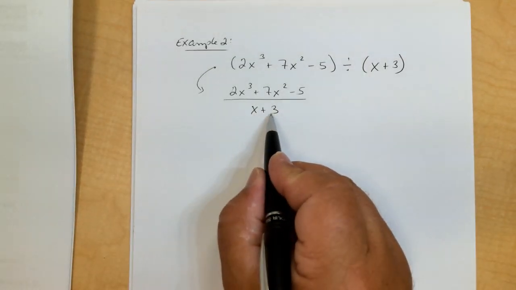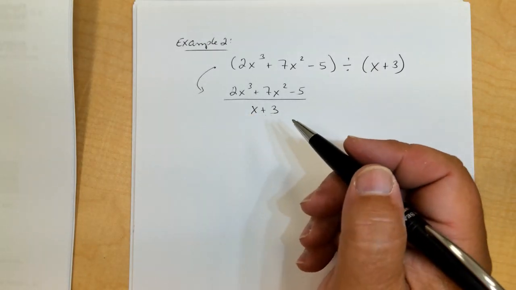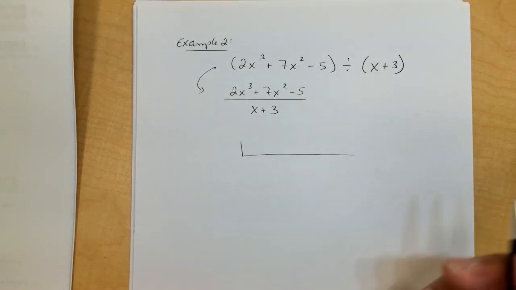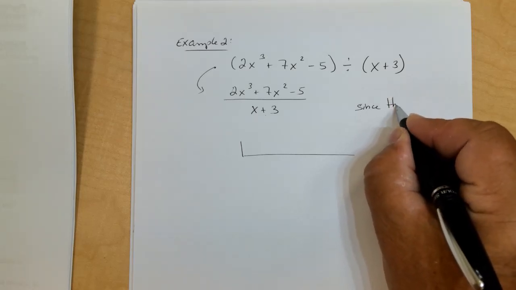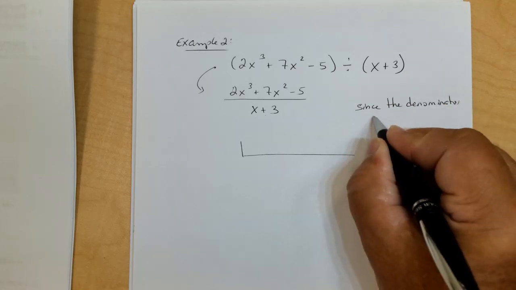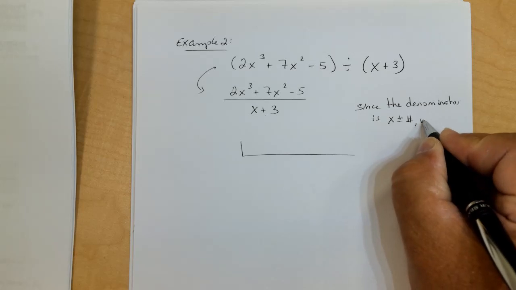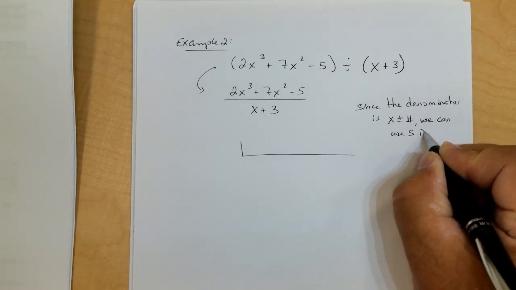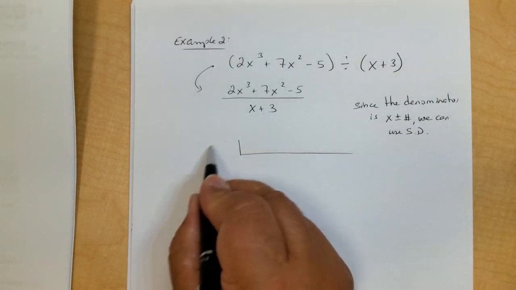And because our denominator is x plus or minus a number, we can use synthetic division. So what number goes out here? -3.